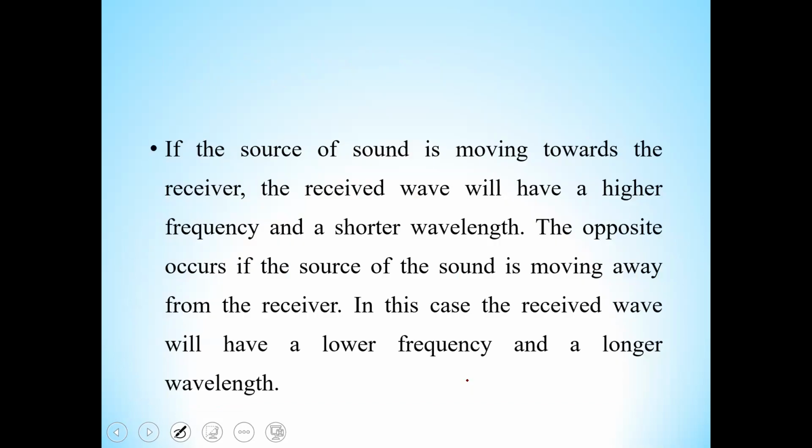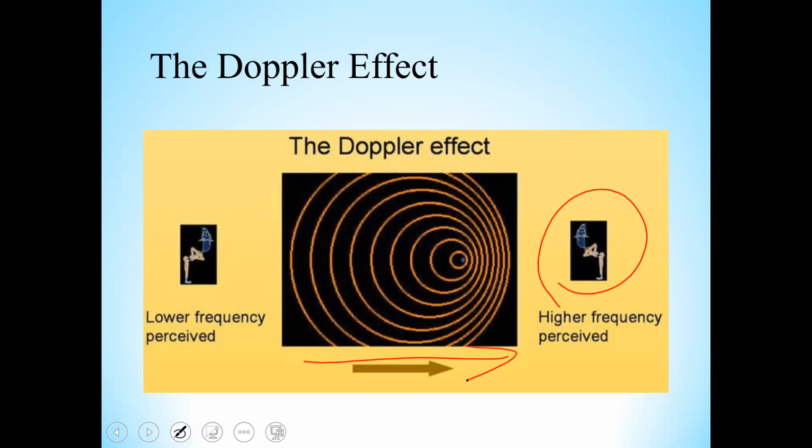If the source of the sound is moving towards the receiver, the received waves will have a higher frequency and a shorter wavelength. For example, in this image, this is the receiver and this is the source, and now the source is moving towards the receiver. That's why the frequency becomes increased.